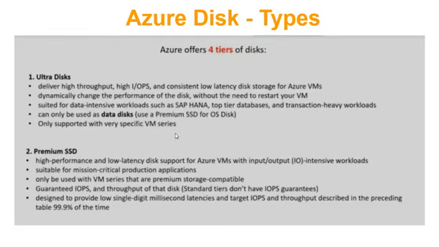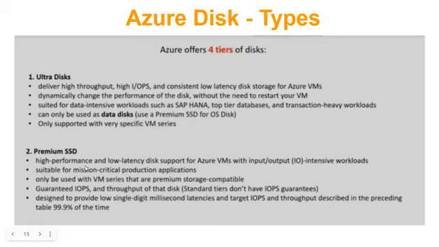As we saw earlier, the size of the VM and the series of the VM determines the type of disk that we use and the type of storage that we use in this data disk. So here only some specific VM series is supported by this Ultra Disk, not all the VMs. Okay, these are the things about Ultra Disk.